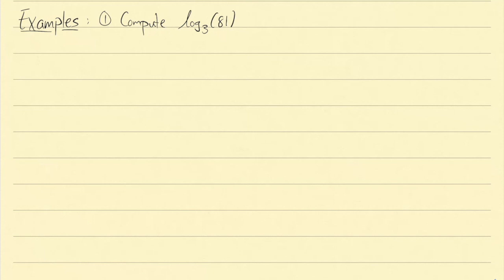That gives us 81. Once I've expressed 81 as a power of 3, I get for free that the answer is 4. This is because log base 3 of 81 asks the question, to what power do I raise 3 to get 81? Well, that's 4, so we're done.